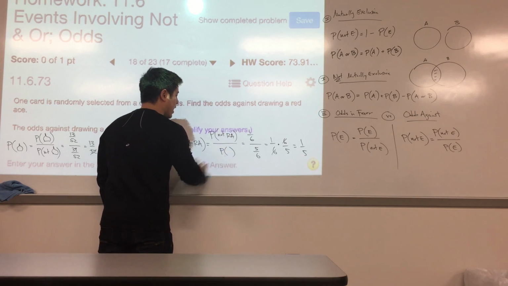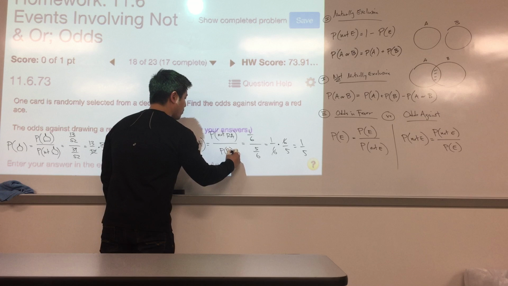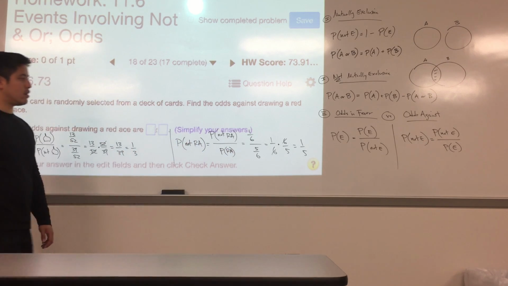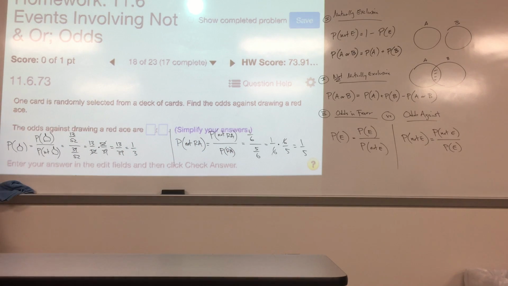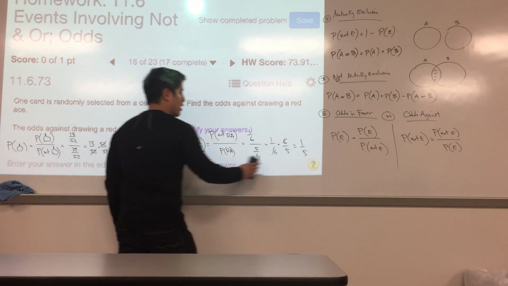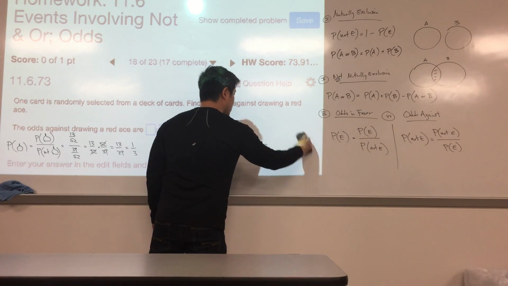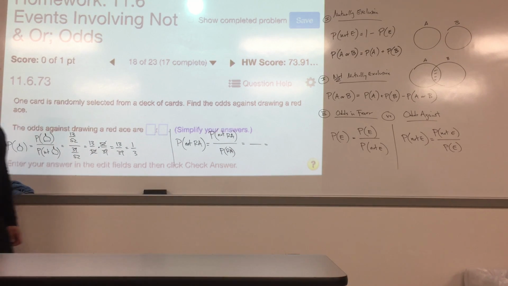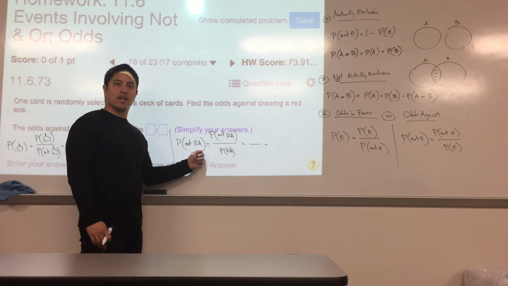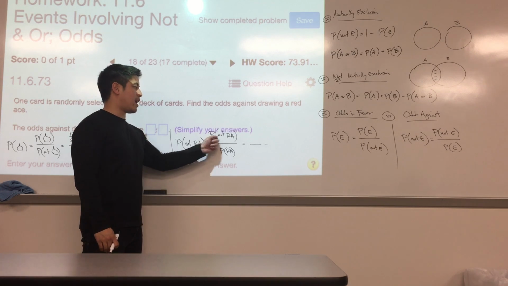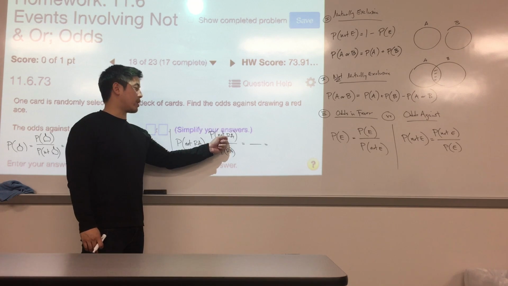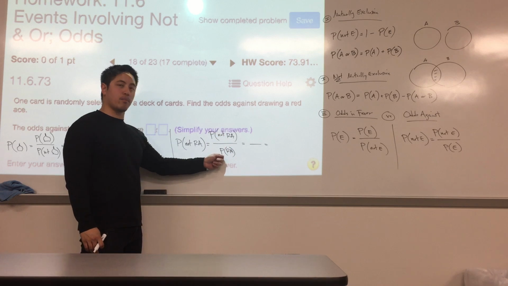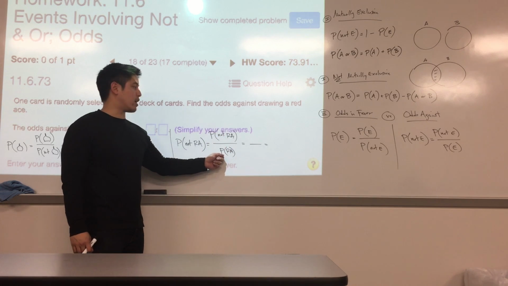And then in the denominator is the probability of getting the red ace. Does that make sense, guys? Okay, so that's how we do this. Odds against means that we don't want to get a red ace. So we find out how many ways we can not get a red ace, divided by how many ways we can get a red ace.